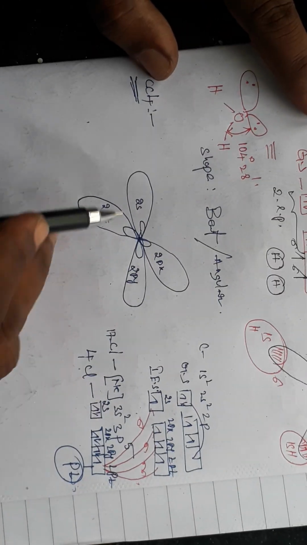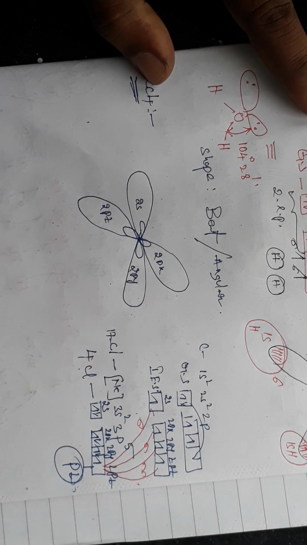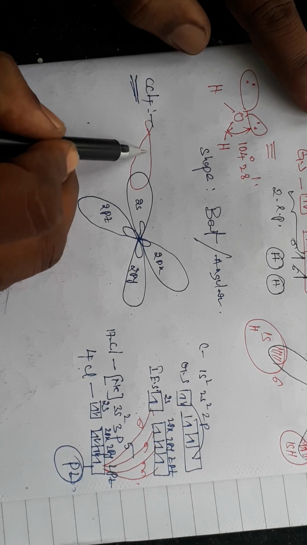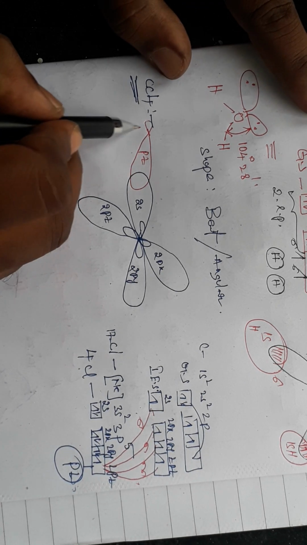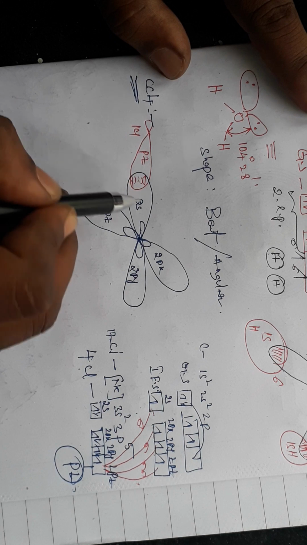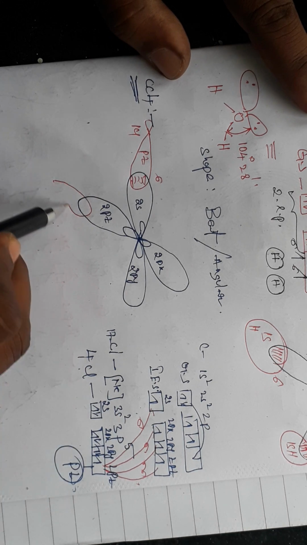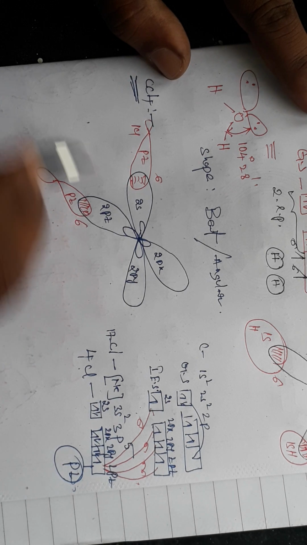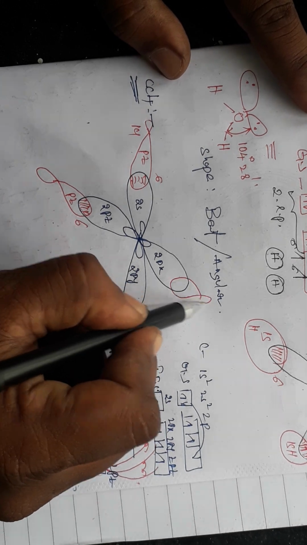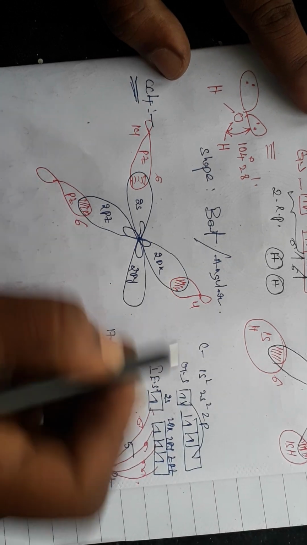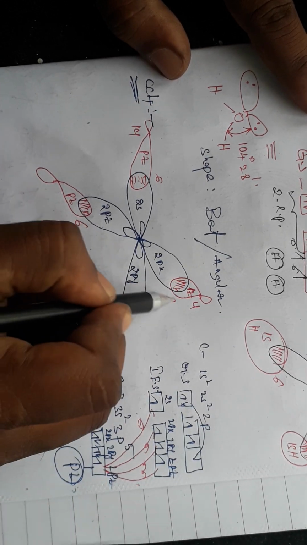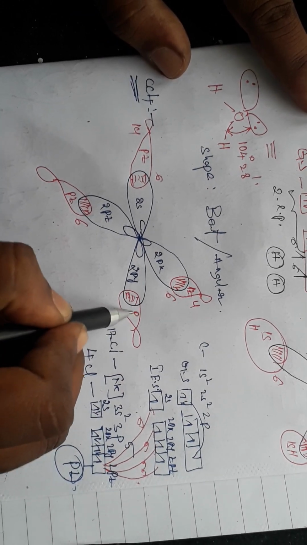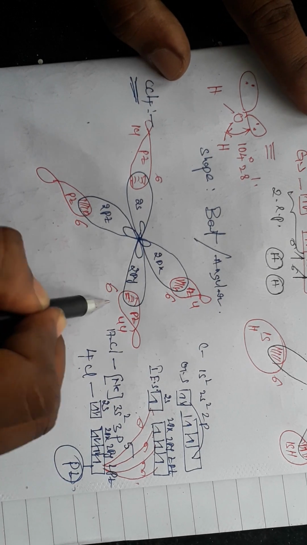The pz orbital of the first chlorine atom overlaps with 1 sigma. The pz orbital of the second chlorine atom overlaps with 1 sigma. The pz orbital of the third chlorine atom does likewise, and the pz orbital of the fourth chlorine overlaps with 1 sigma.